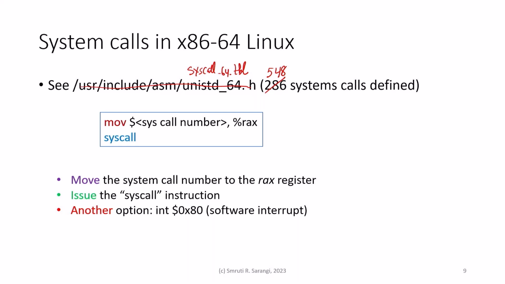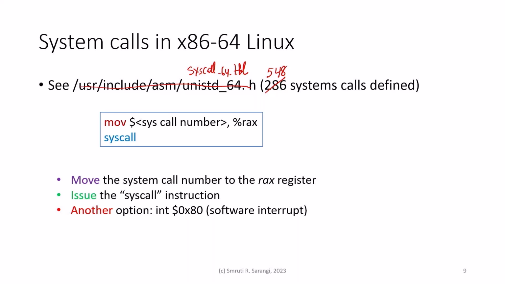The UNI STD link is not correct, but the latest version of the slides has the correct link. And so there is a system call table. The version we are following, roughly 6.2 of the kernel, has 548 system calls defined. That's a lot of system calls.